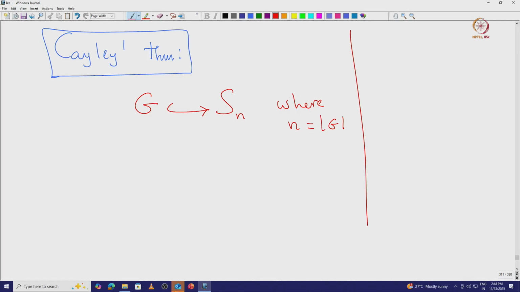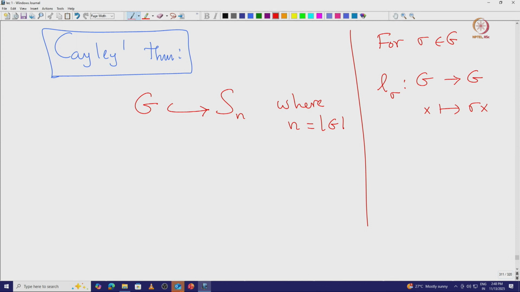Let us quickly go through the proof of Cayley's theorem. For any element sigma in G, we define L sigma, which is a map from G to G that takes a given element x to sigma x. So the image of x under L sigma is just left multiplication of sigma on x.